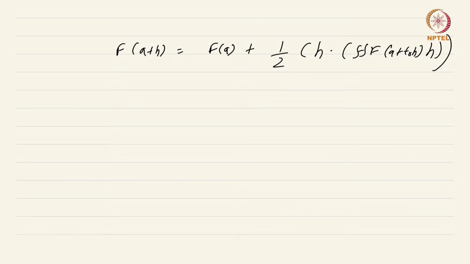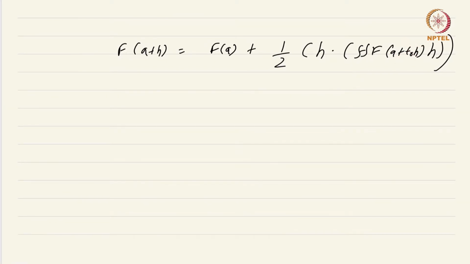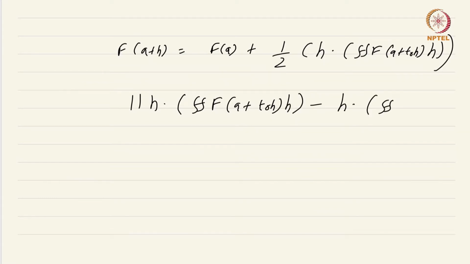To do that, I'm going to see how much of an error I would make if I just ignore this term t naught h. So I'm going to consider the norm of h dot product Hessian of f at a plus t naught h acting on h minus h dot product Hessian of f at the point a.